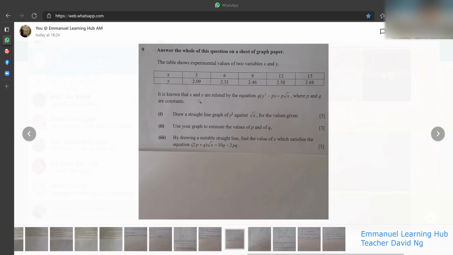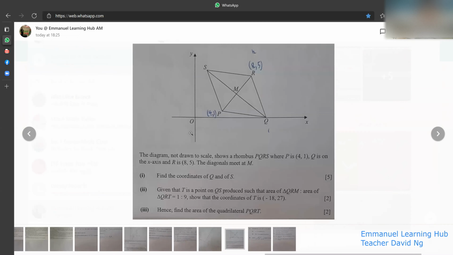Okay, the next question is question 10. Your coordinate geometry, question 10. The diagram not drawn to scale shows a rhombus PQRS, where P is 4,1, Q is on the x-axis, let's call it x0.